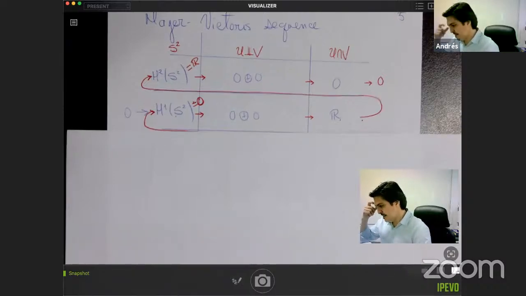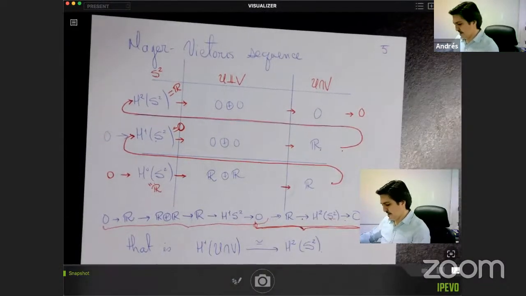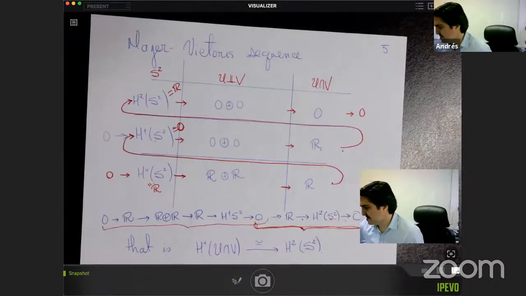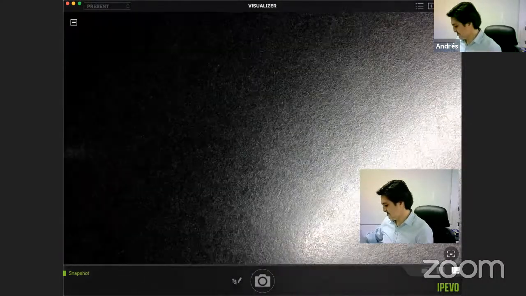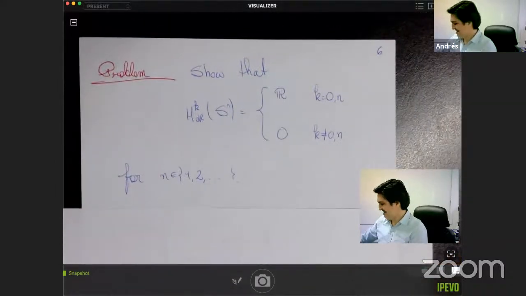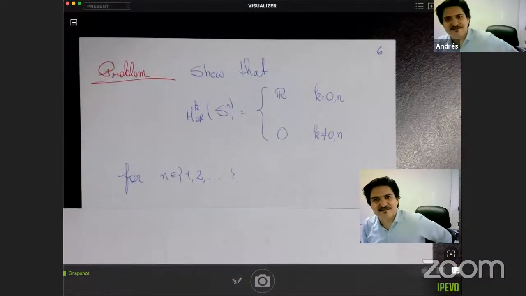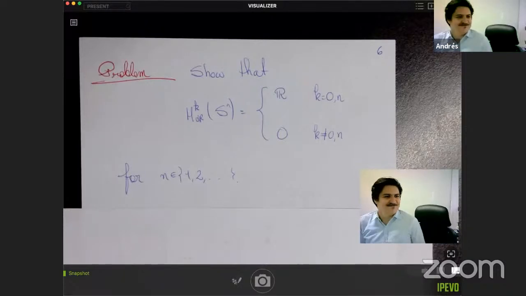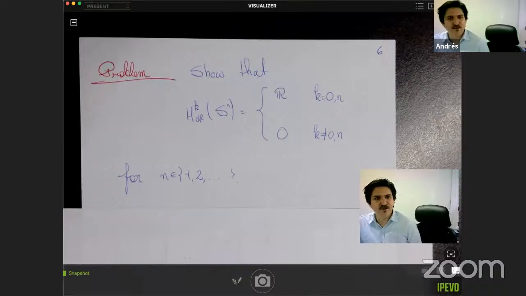Right? Any questions? So let's make happy Moises with this. So let's compute the cohomology of the sphere.